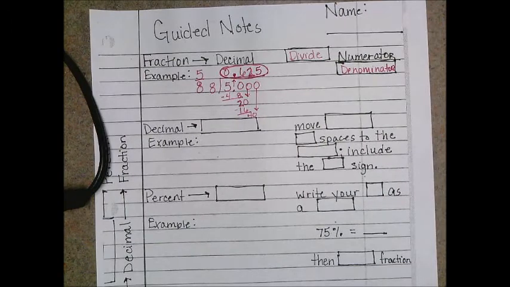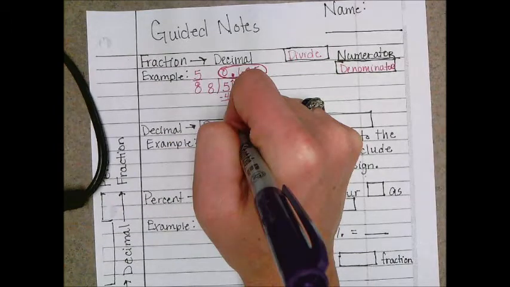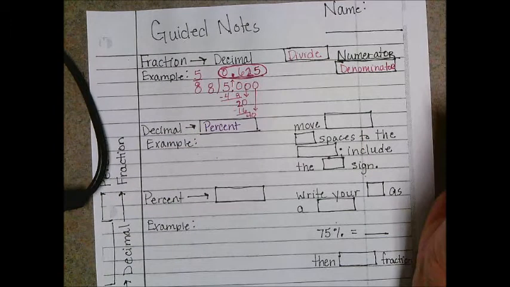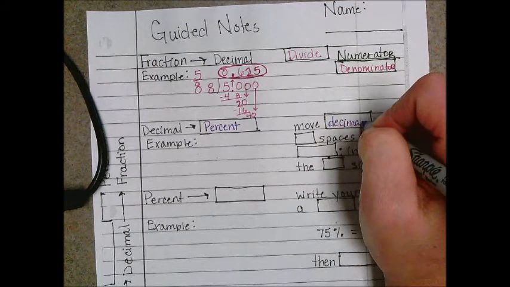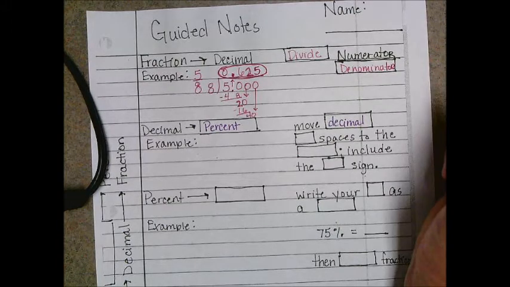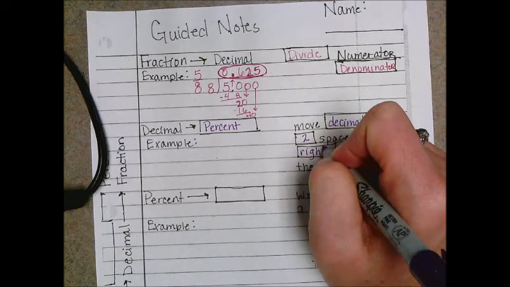Alright, next one we're going to work on is decimal. We're going to change it to a percent. Okay, to change a decimal to a percent, we move the decimal 2 spaces to the right, and we include the percent sign.